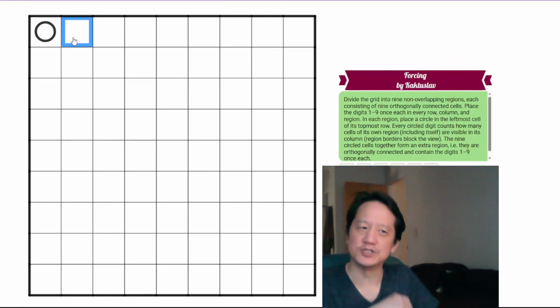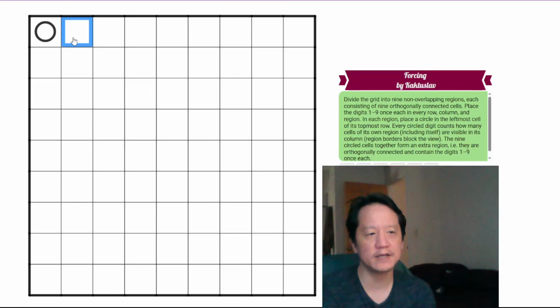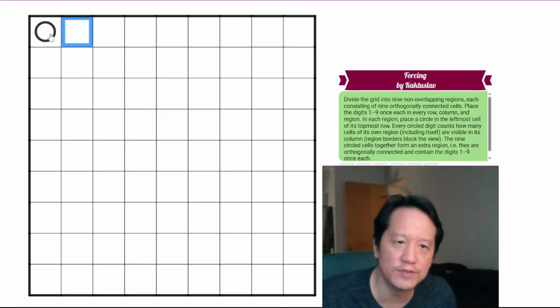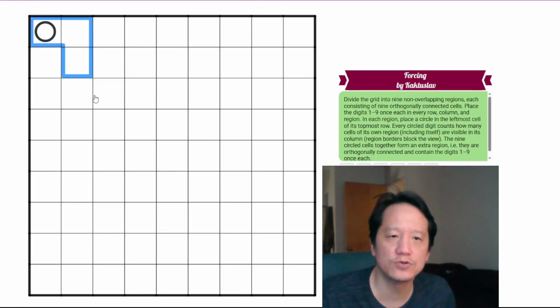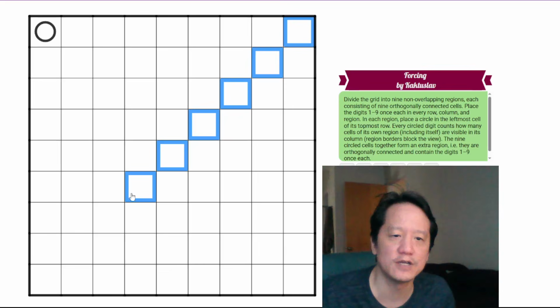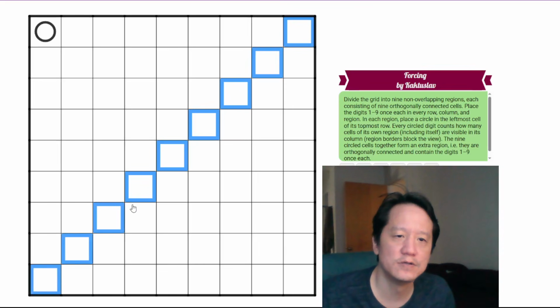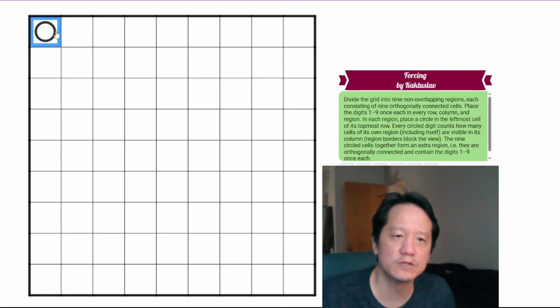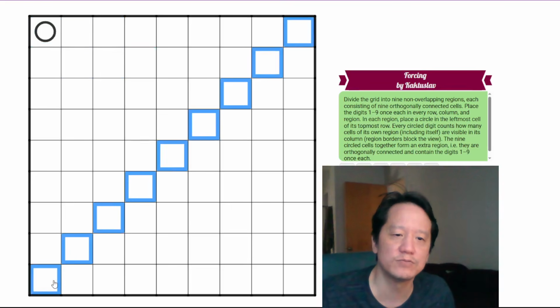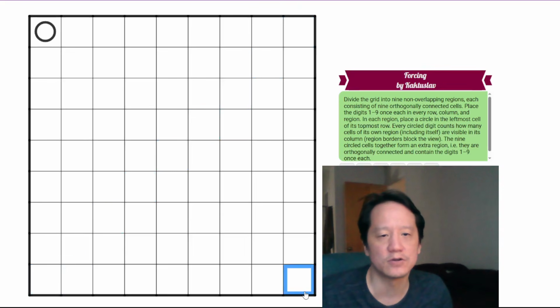And we have to have the digits 1 through 9. So the circled digits must connect to this diagonal as a region, orthogonally connected. And then from this orthogonally connected region, it must get to here.